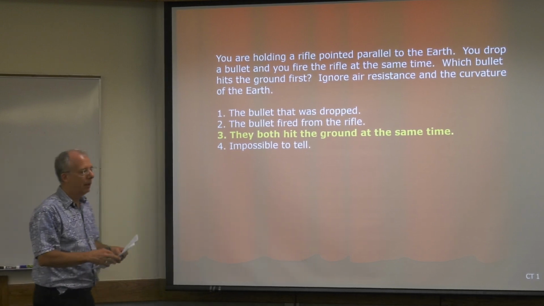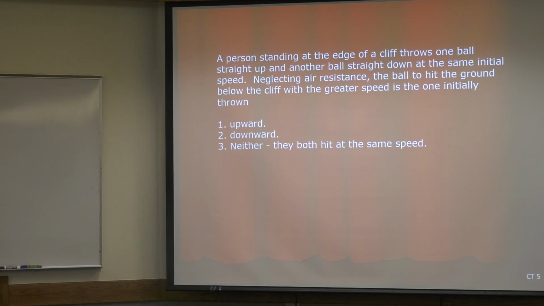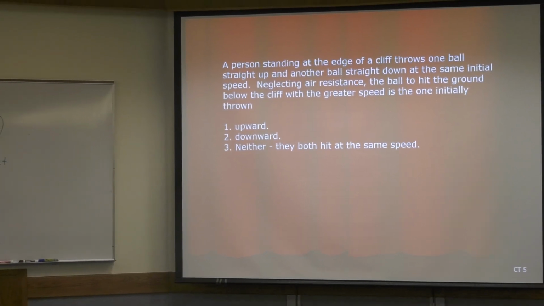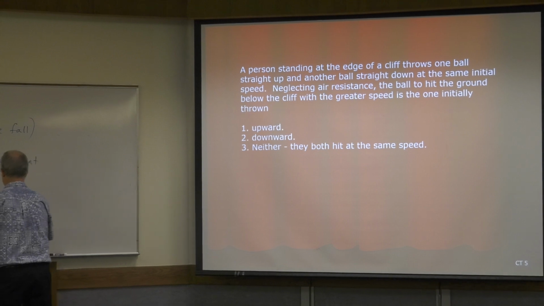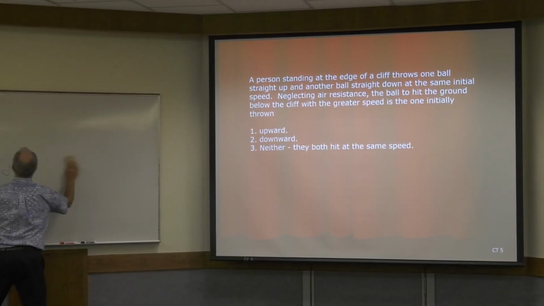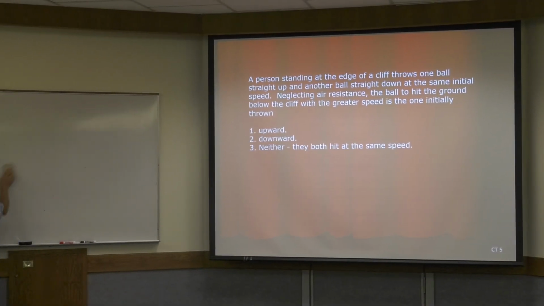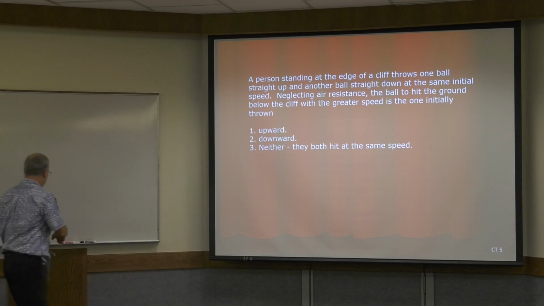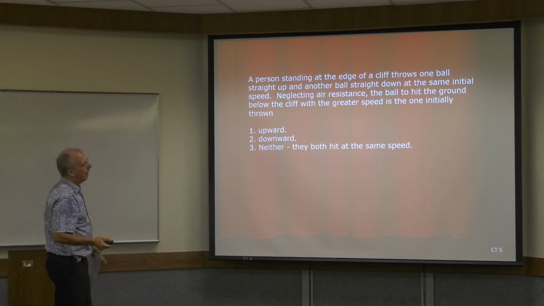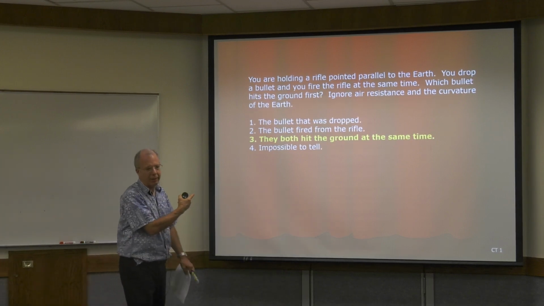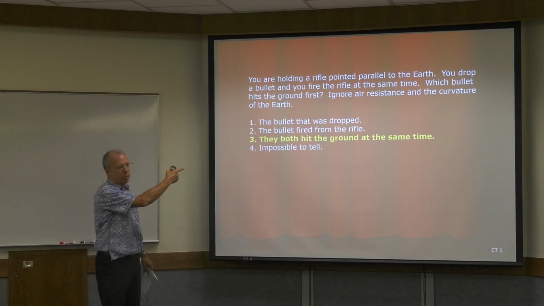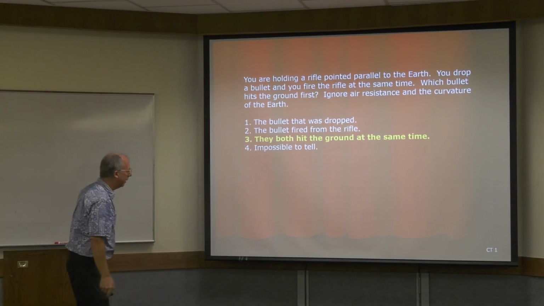Okay? One more. Oh, this is a great one. By the way, this last one, Mythbusters, I think they have a show where they show this. It's kind of a neat thing.